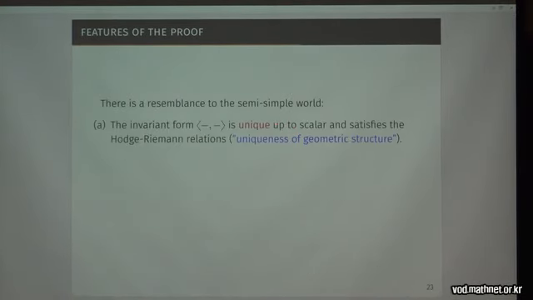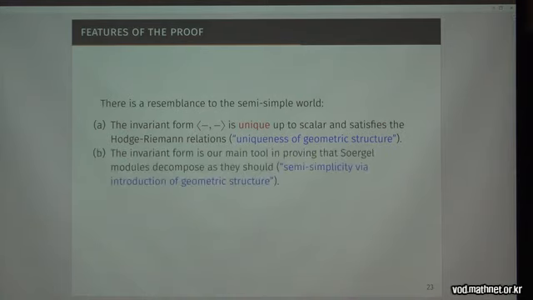So on every single one of these H_W, there is a unique invariant form up to scalar. Completely unique. That's kind of uniqueness of geometric structure, analog of Schur's lemma. And also this invariant form, keeping track of this form, is our main tool in proving Soergel's conjecture. So this is analogous to Maschke's theorem in that you introduce extra structure in order to prove something.